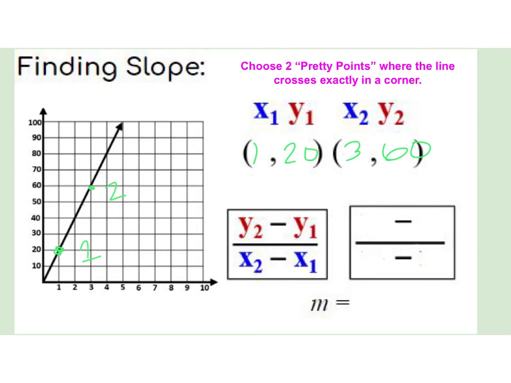So we're going to plug that into our slope formula, y2, 60, minus y1, 20, over x2, 3, minus x1, 1. Now we solve. So we get 40 over 2. So our slope is a slope of 20.